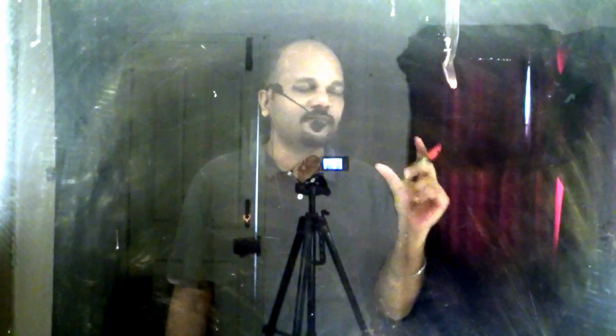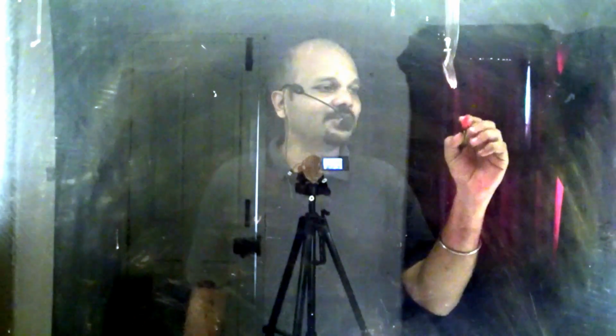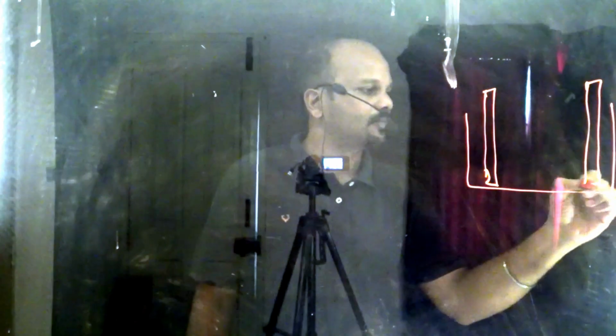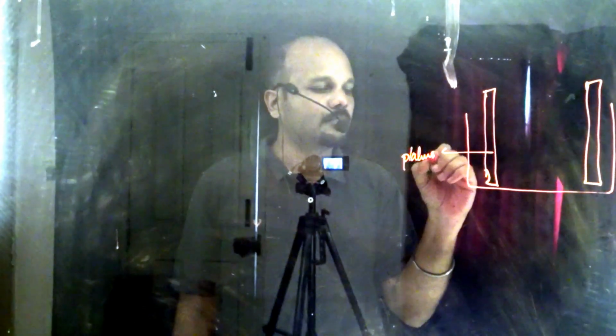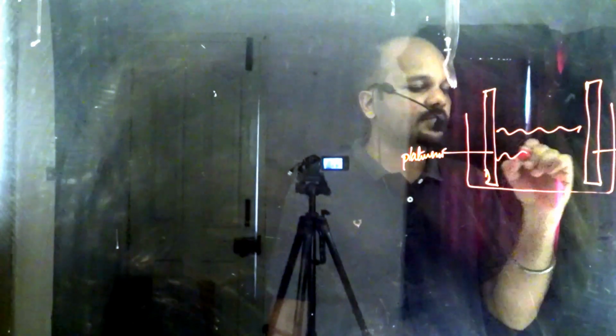For going into that, we will see how the electrolysis of copper sulfate happens in the presence of different electrodes. For instance, you just check the condition. See, these are platinum electrodes, and this is a copper sulfate solution.